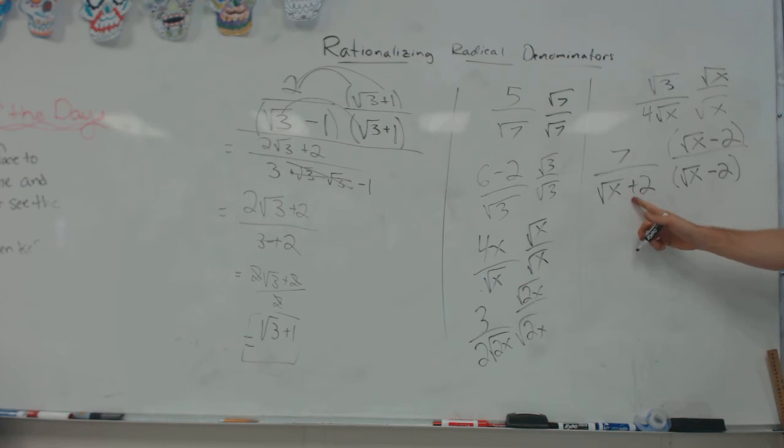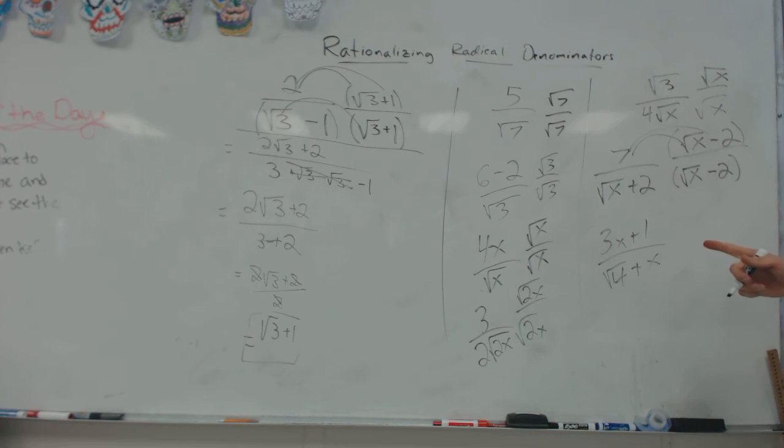Right? And the middle terms would cancel. So in the bottom we just have x minus 4. We'd have no more radicals. In the top we would have to use the distributive property. Now what if I had something like this? 3x plus 1 over the square root of 4 plus x.